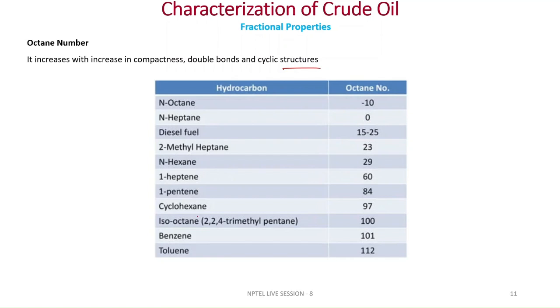Similarly, for isooctane, it is 100. When we mix toluene with isooctane and N-heptane, because of its structure and other properties, the octane value of toluene itself is more than 100. So to improve the octane number of the fuel, we can add benzene and toluene into the system.